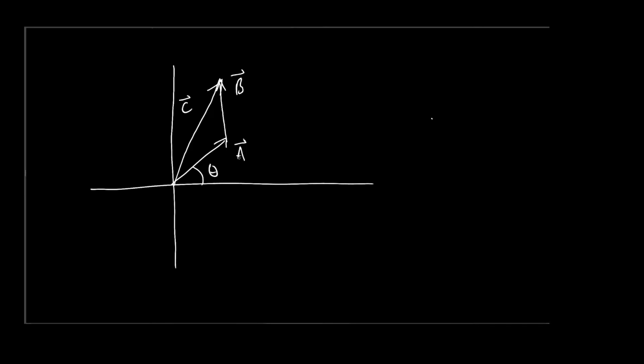Now, as you can see here, pun not intended, the vector C can actually be written as an addition or the sum of A and B, right? Because I walked along A, walked along B. It's the equivalent of C as if I had just walked that vector instead.